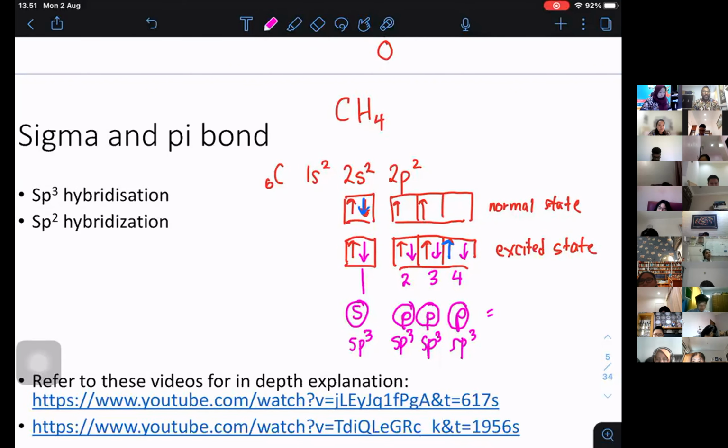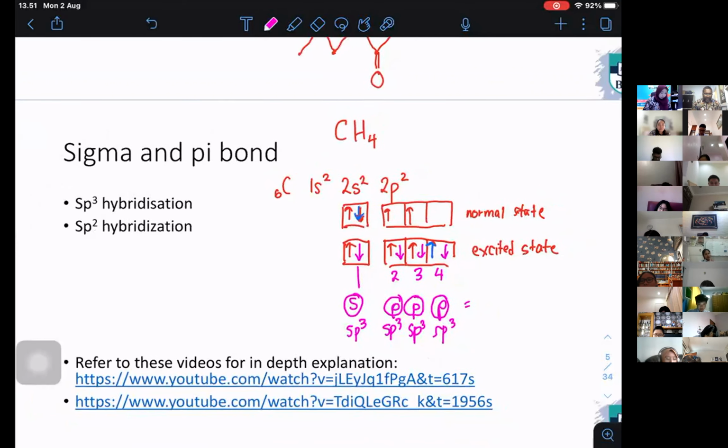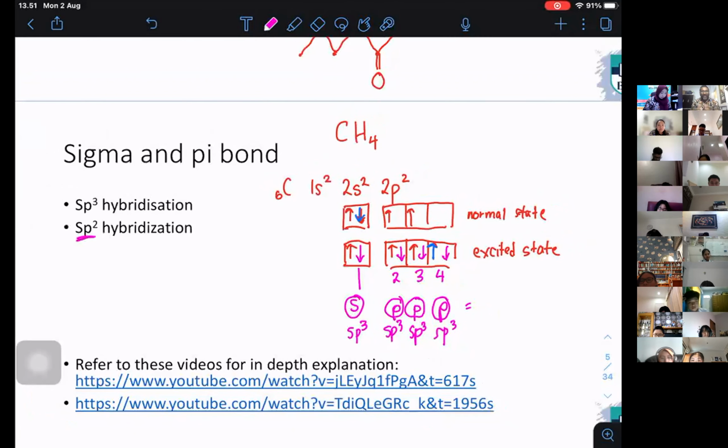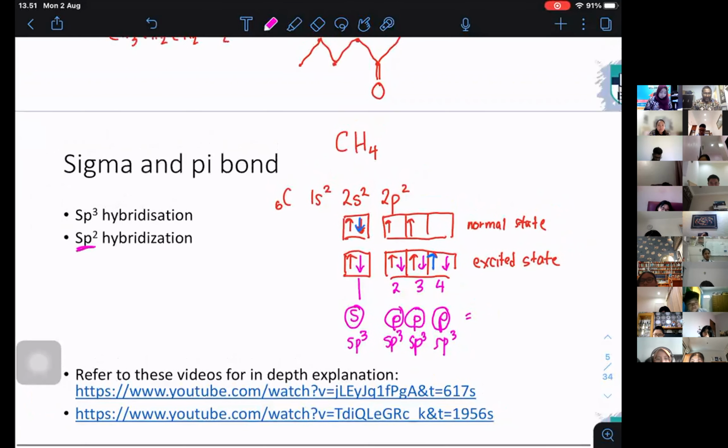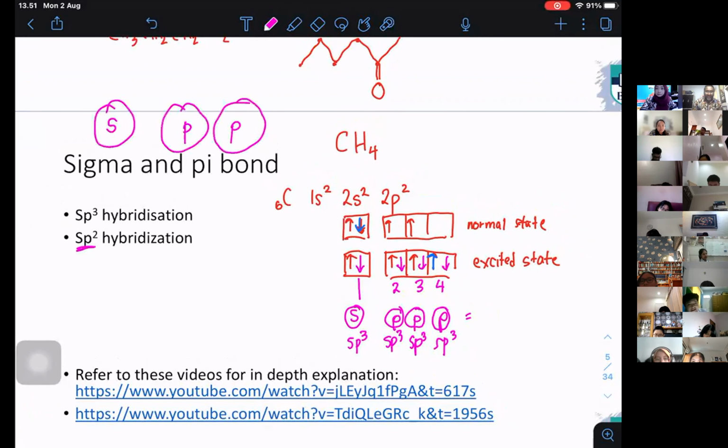So if you're looking into sp2 hybridization, what does it mean? It means you have one s with 2p, not the entire thing. So sp2 means a total of 3 orbitals are involved. Please take note of this.